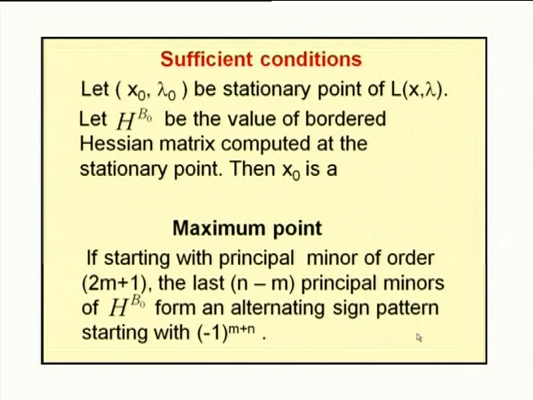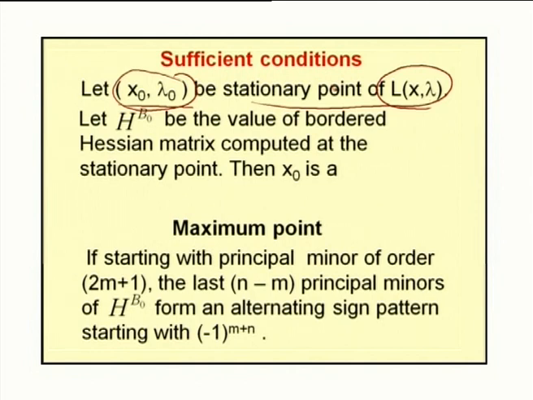So, with the help of the given NLPP and this definition of the border Hessian matrix, once we get the border Hessian matrix, now we state the sufficient condition for a given NLPP to have an optimum value of z. The sufficient condition is as follows: let (x0, λ0) be the stationary point of the Lagrangian function L(x, λ). For a given NLPP, we construct a Lagrangian function in terms of the Lagrangian multipliers λ. For that Lagrangian function, let (x0, λ0) be a stationary point.